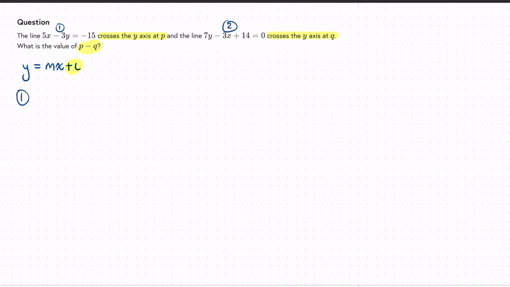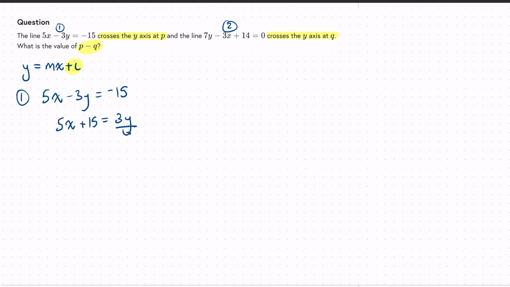Let's start with 1. Now the first thing I want to do is rearrange it so that y is on one side and x and the other number on the other side. Now because I've got a negative 3y on the left hand side, I'm going to move it to the right. I'm also going to move that minus 15 to the other side by adding 15, and then I add 3y.